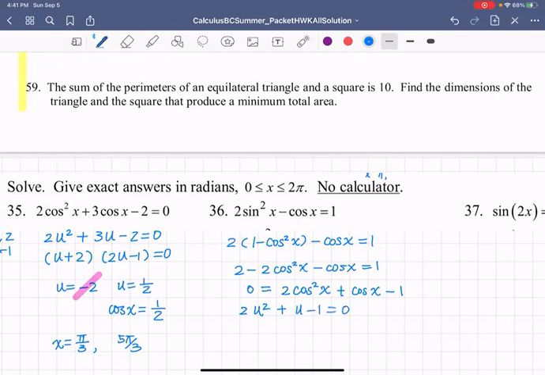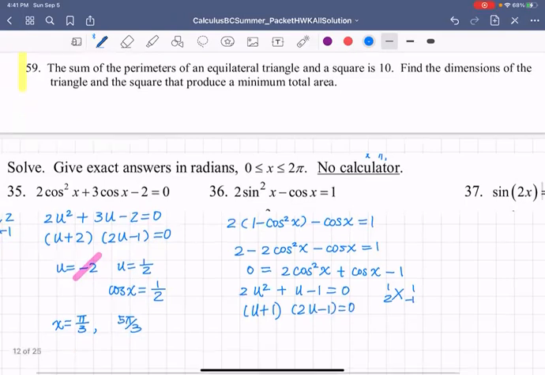So it's 2u minus 1. It is u plus 1 times 2u minus 1. Okay.